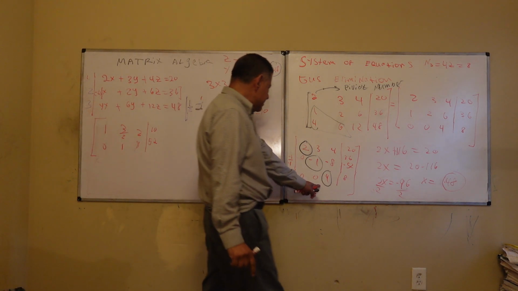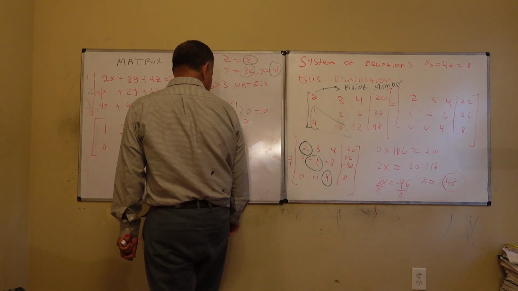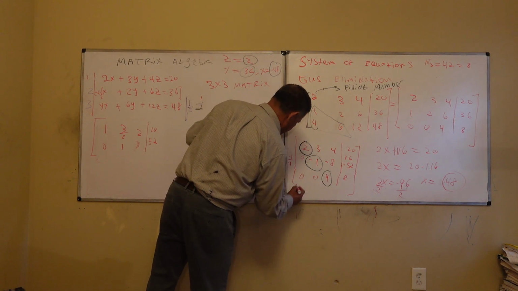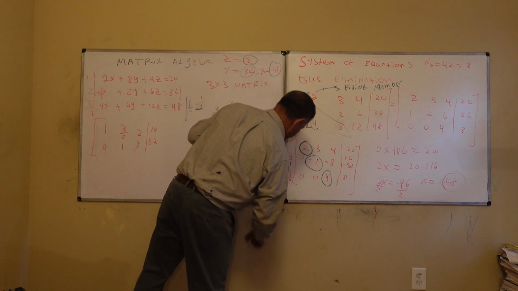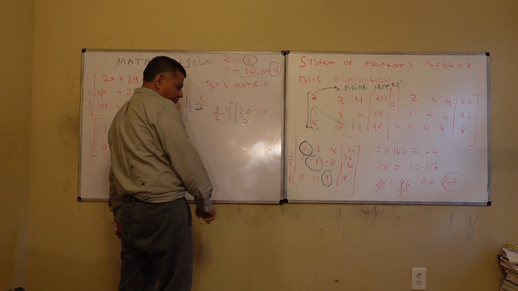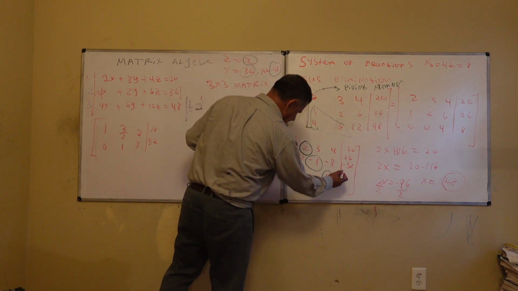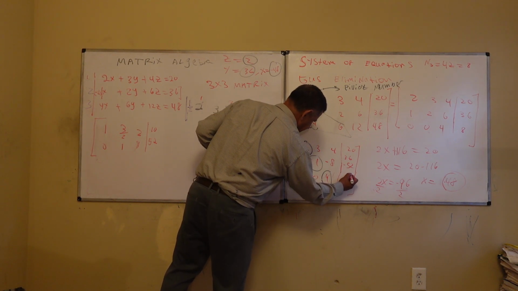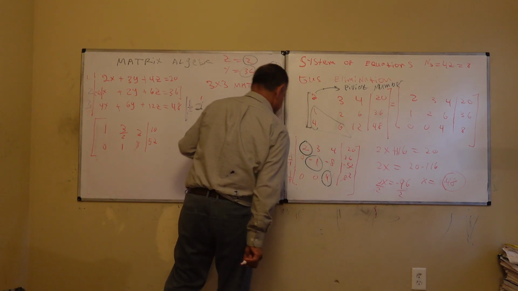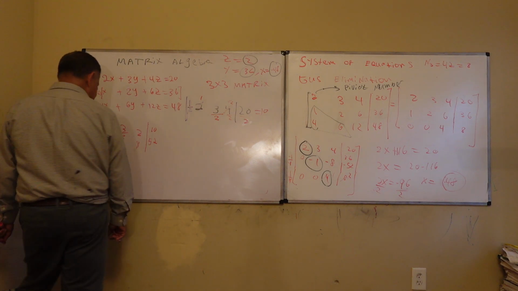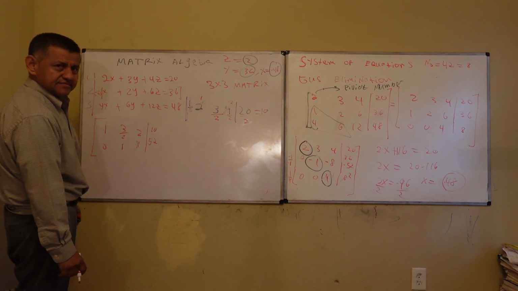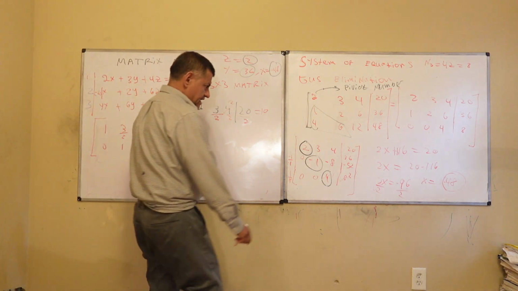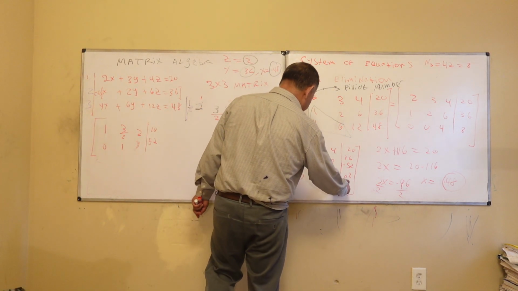Now, the bottom one is also a 4, right? So how do I change this to a 1? Well, divide and multiply it by 1/4. That will cancel that guy out, and that is going to be a 1. And of course, this is going to be a 2. See how beautiful this is working out? Now this one is going to be a change.